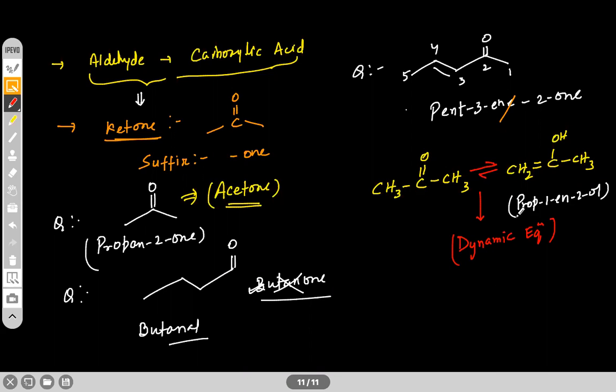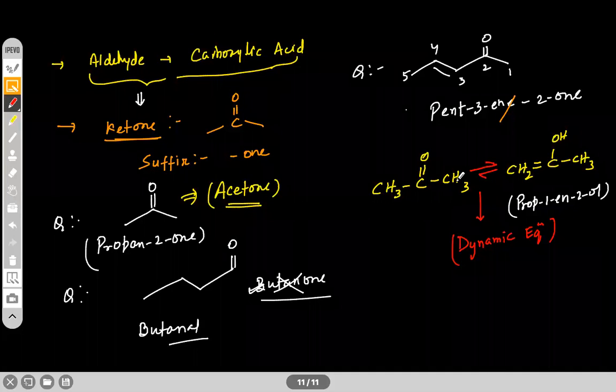So these two are isomers also. What kind of isomers? Structural. Have you heard about functional?